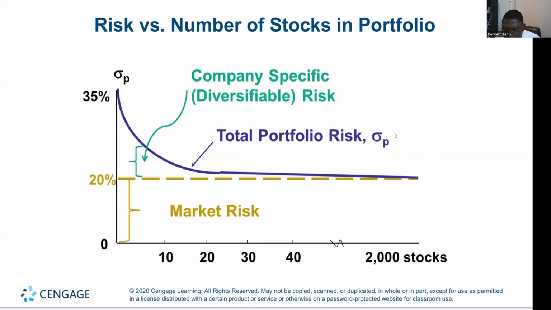The company-specific risk is a risk that is attached to a particular company. We also call it firm-specific risk or diversifiable risk. So this is the risk that can be diversified away. It can be reduced or eliminated by adding assets into our portfolio, especially assets that are negatively correlated with each other.